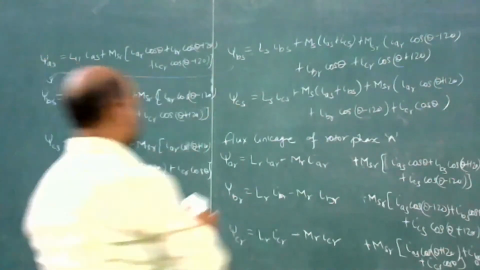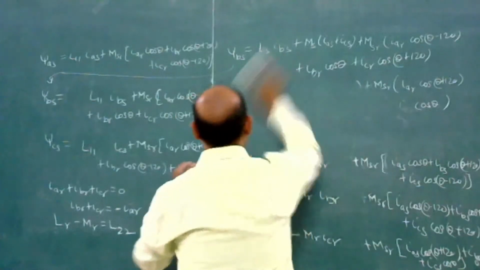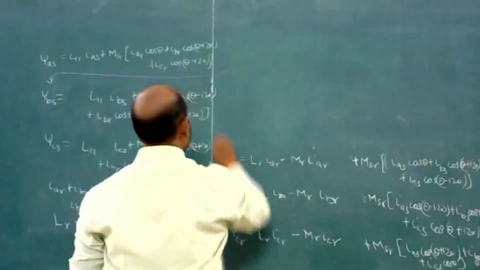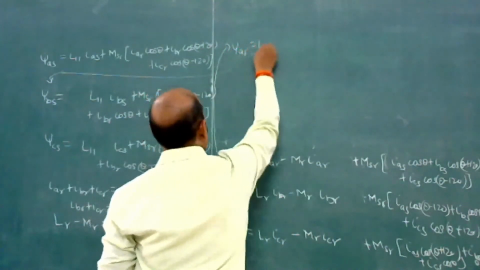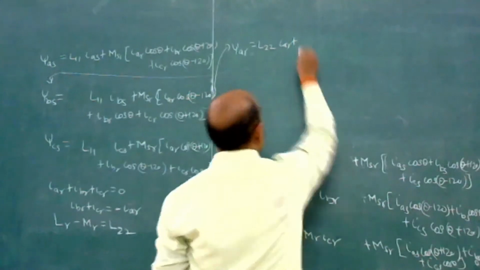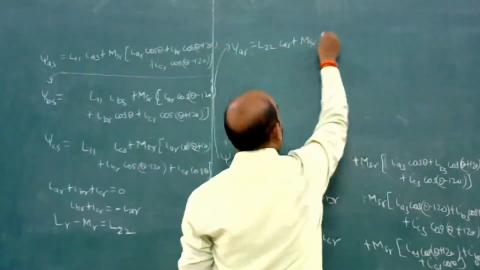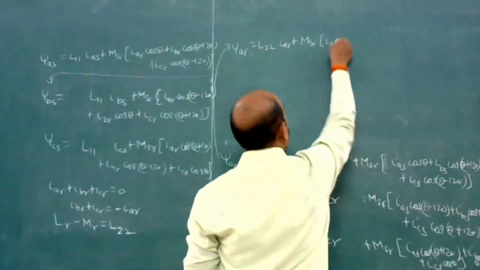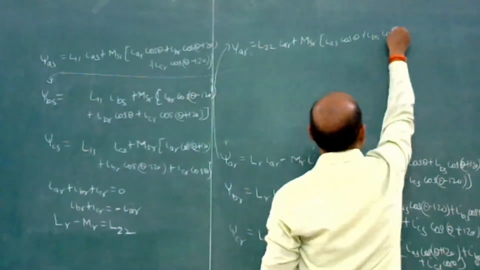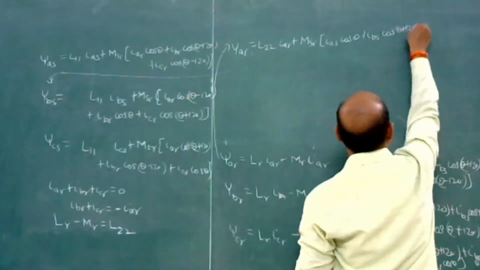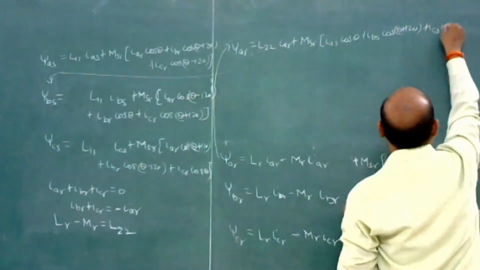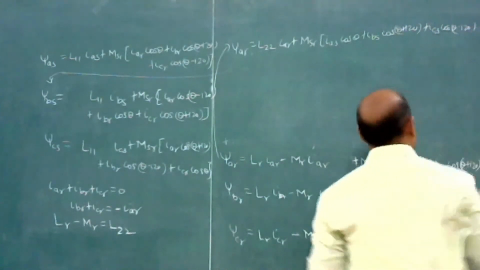So the flux linkage equation for the rotor side can be written as: psi AR will be equal to L22 IAR plus MSR IAS cos theta plus IBS cos theta plus 120 degrees plus ICS cos theta minus 120.